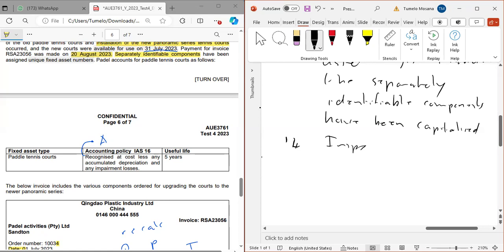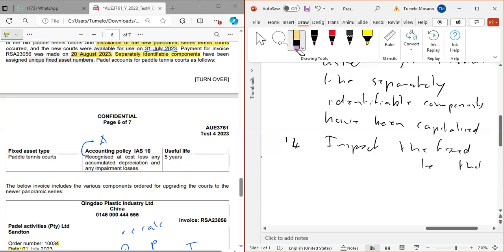you can inspect the fixed asset register, no, not the fixed asset register.